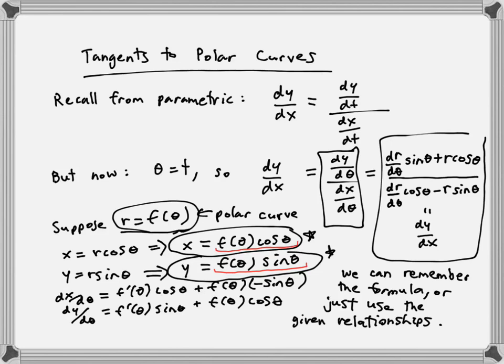So let's do a quick example here. This will be number 7, I believe. Let's do this example with the cardioid. We had a nice problem with the cardioid.